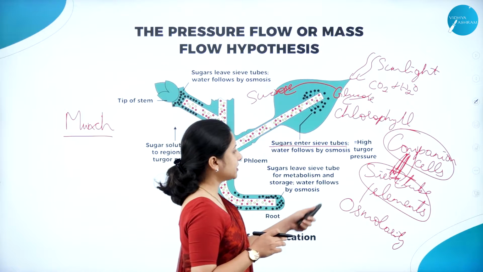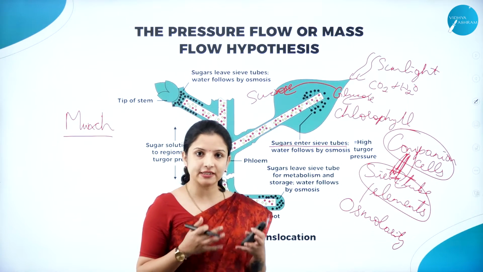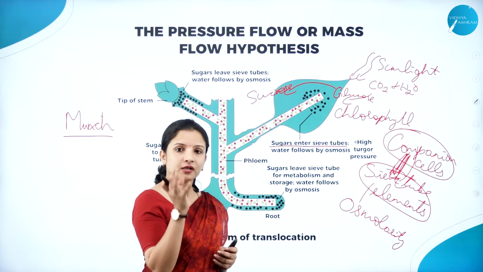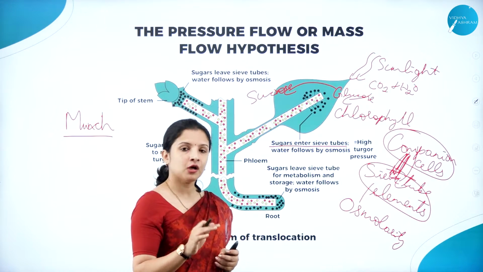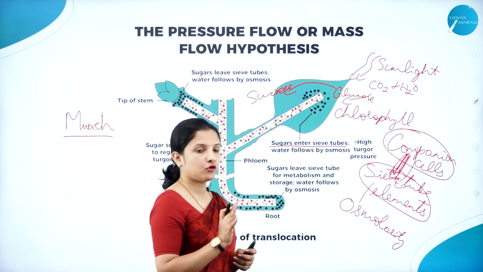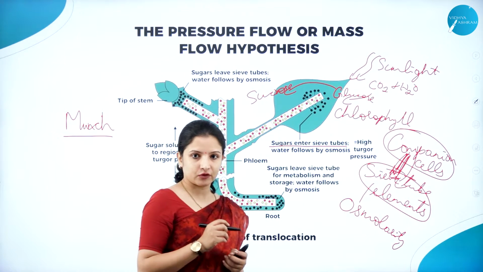In the sieve tube elements, osmolarity has increased. Why has osmolarity increased? Because from the companion cells of the phloem, all the sucrose has travelled into the sieve tube elements of the phloem. Therefore, it has increased the osmolarity of the sieve tube elements.